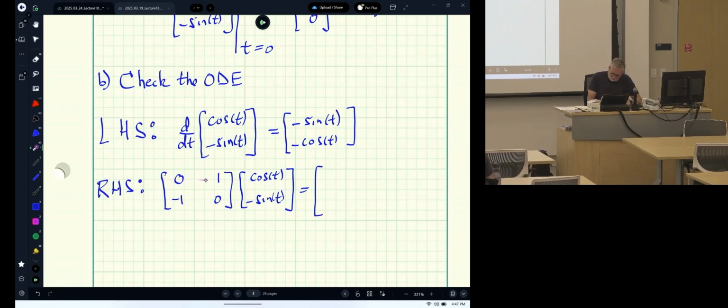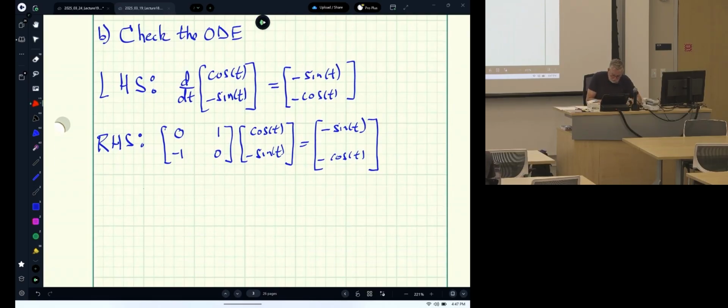So 0 times cosine plus 1 times minus sine is going to give us minus sine at the top. And then we do the finger tracing method again. We get minus 1 times the cosine and 0 times the sine, and we add all those up. And so this is minus sine of t, and then minus 1 times cosine of t.